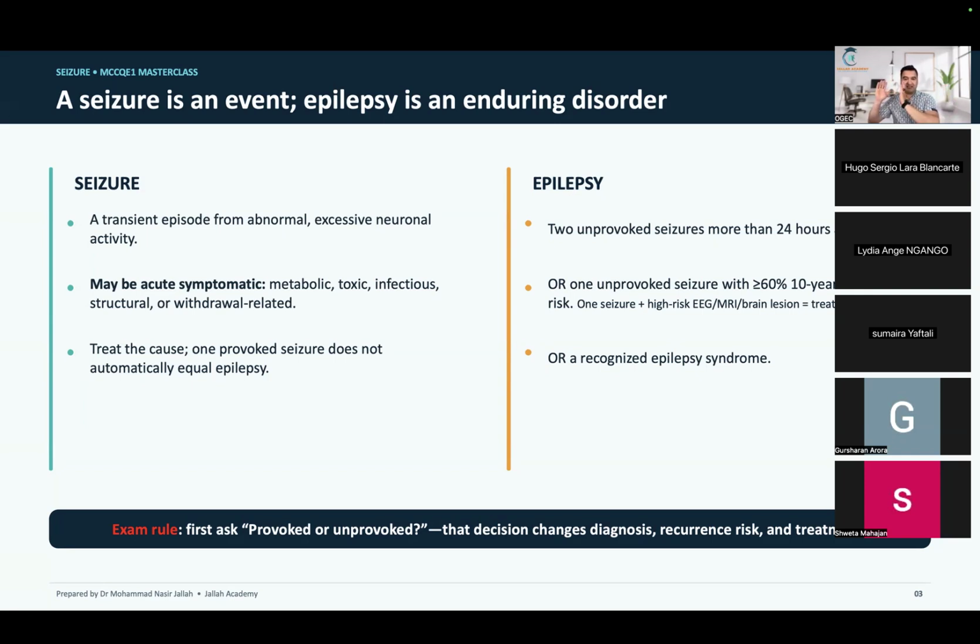It has to be at least 2 unprovoked seizures 24 hours apart, so that we can say this might be epilepsy. But what if the patient has one seizure? If you do some investigation, and it shows there is a high chance of recurrent seizure, more than 60% in this patient, this is also considered epilepsy.